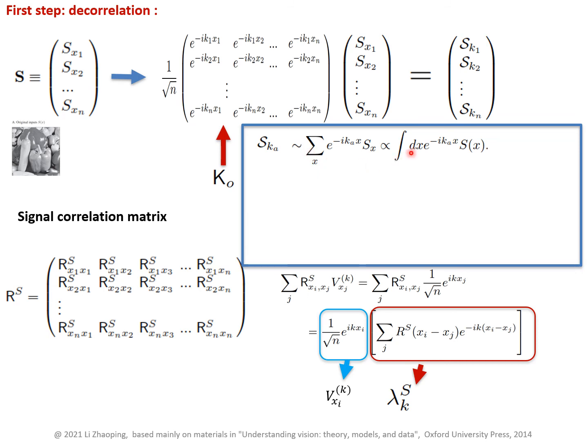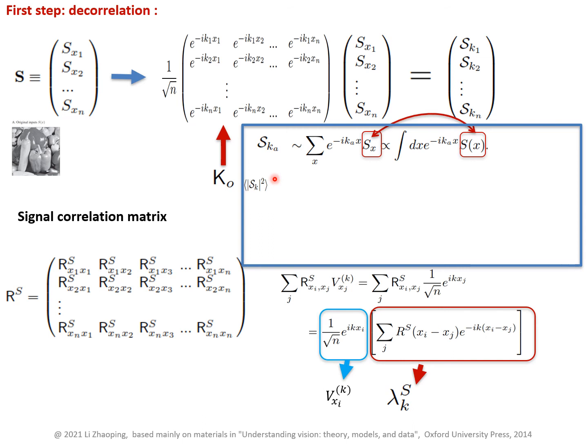And you can also write it in this integration form. So the sum over x becomes an integration over x, and s subscript x is now written as s of x, just a spatial function of x. So you see this is a Fourier transform of a spatial function, whether it's in a summation form or integration form. So this really is the Fourier amplitude of the original signal s.